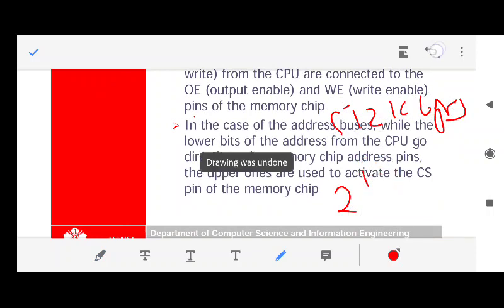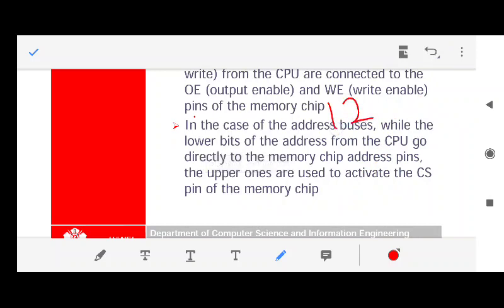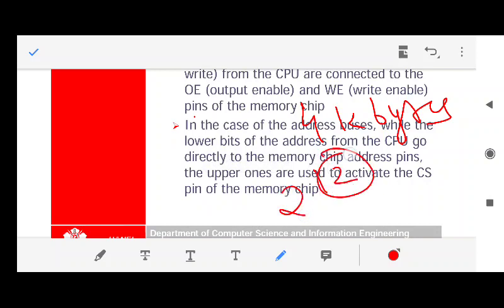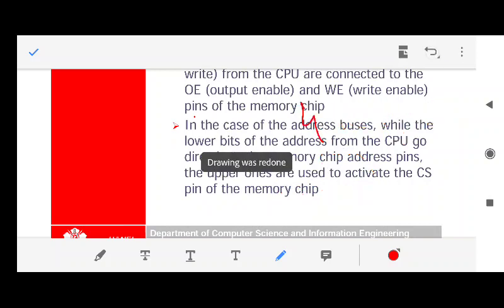Now if you have 2 to the power 12, that is 4 kilobytes of memory, you need 12 address lines. Fine. So address lines are not fixed, it depends upon the size of the memory. Whatever is the size of the memory, that number of address lines is required.